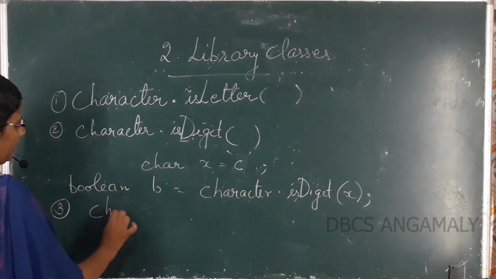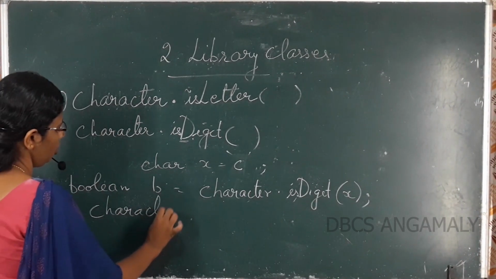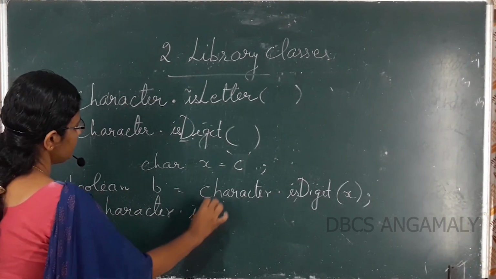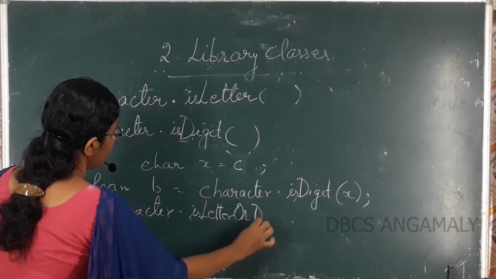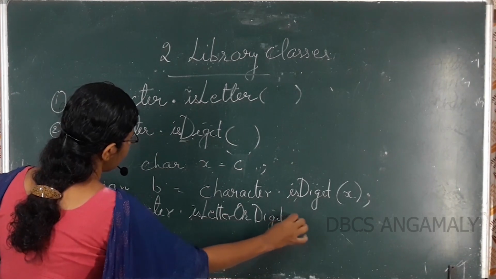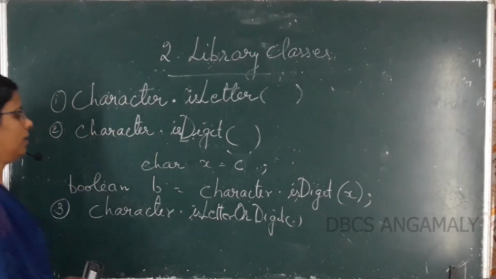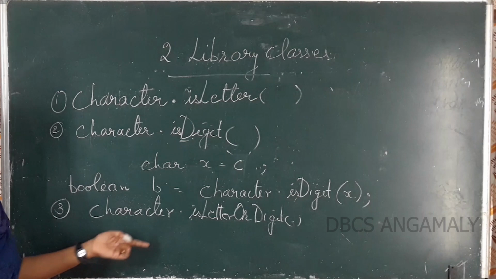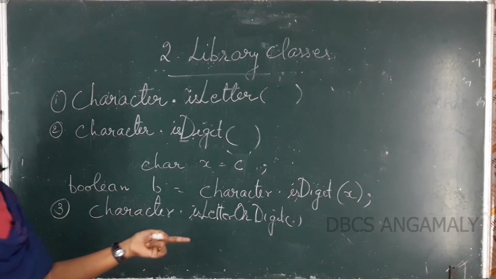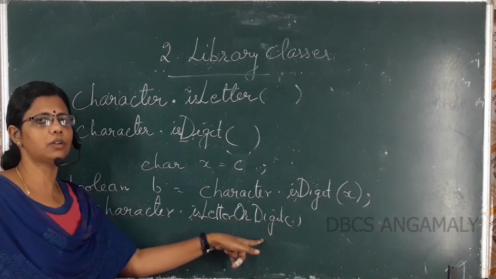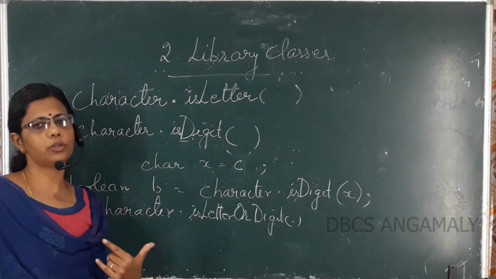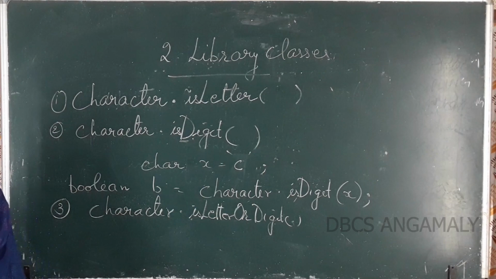Now we go with the third function, Character.isLetterOrDigit. It clearly specifies that you are going to check whether the data contained inside that particular character is a letter or a digit. If it is a letter or a digit, you will get the output as true. Otherwise, you will get false.